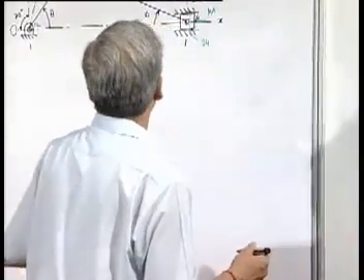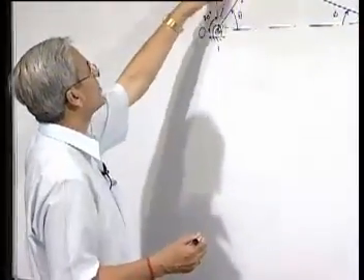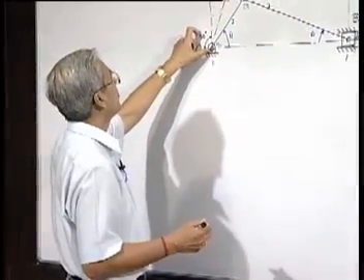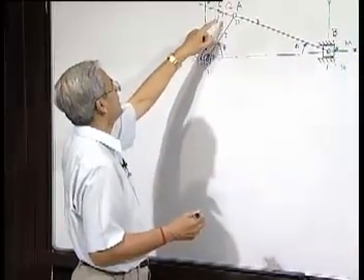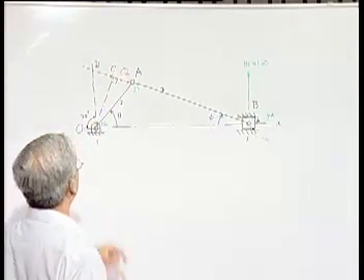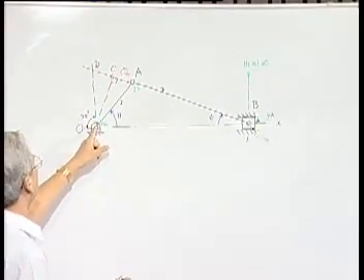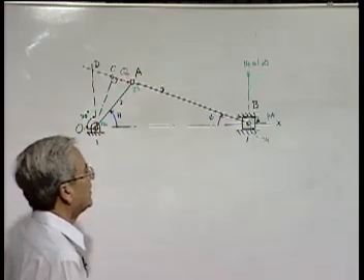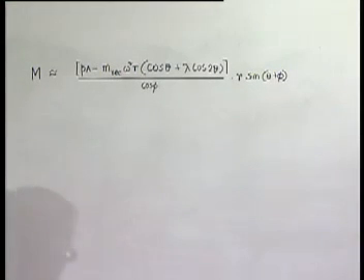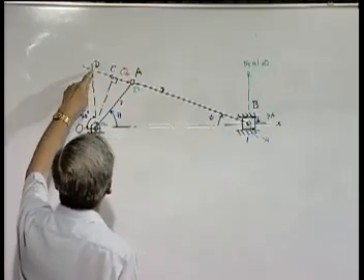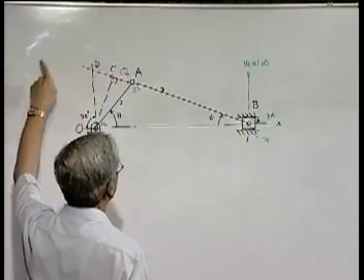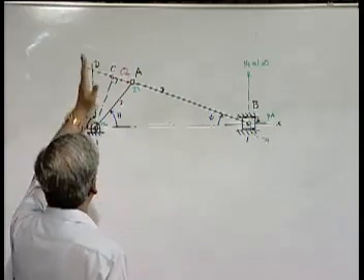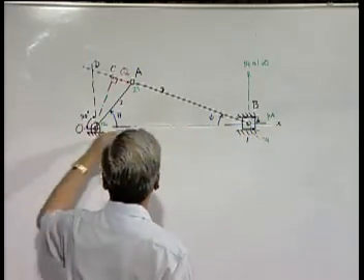Say the moment of this force Q about this point O is obviously the magnitude of Q into the perpendicular distance from this crank pin, which is OC. Then you will see that we can find this point D, which is nothing but the intersection of the extension of line BA with the perpendicular drawn on the line of stroke, that is the x-axis.